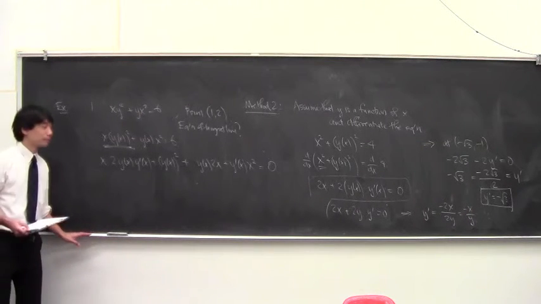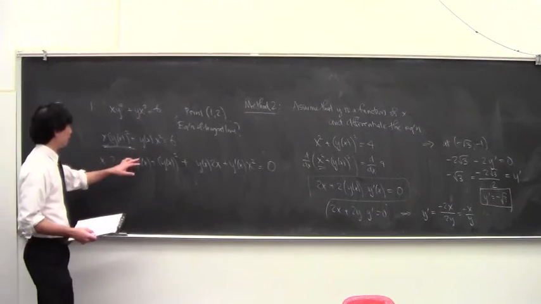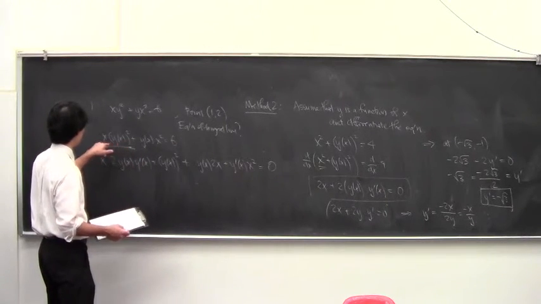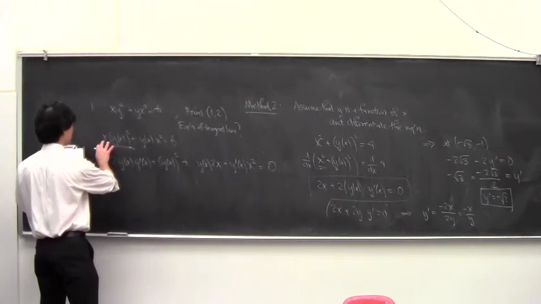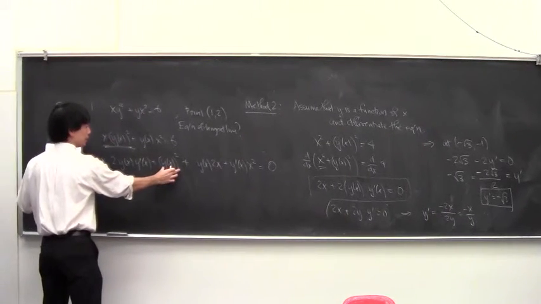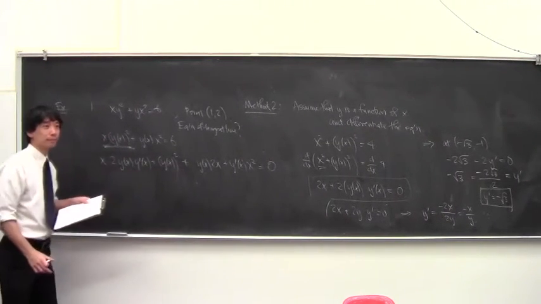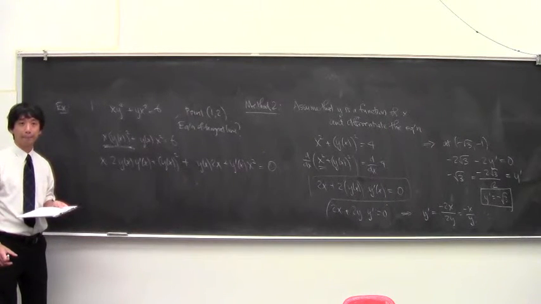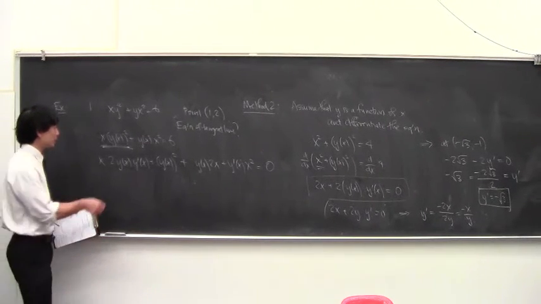Yeah, Clay. How'd you get the yx squared? That is just part of the product rule: first times the derivative of the second, plus second times the derivative of the first, which is 1. I should say that people usually don't write it out.